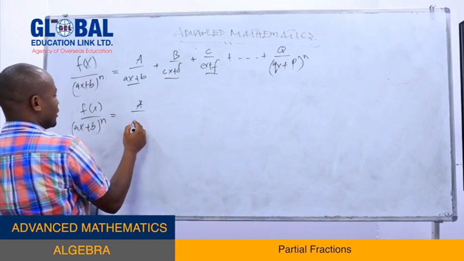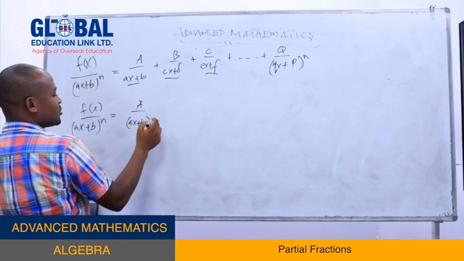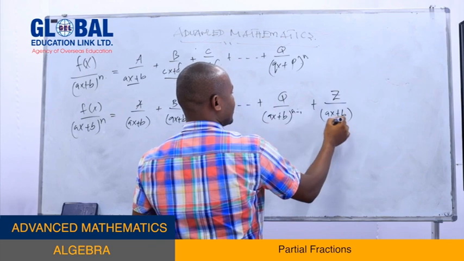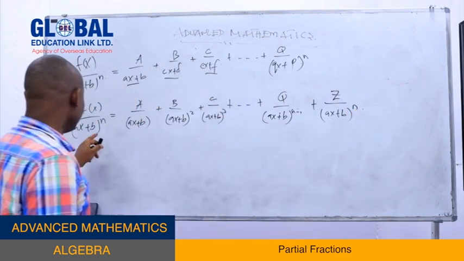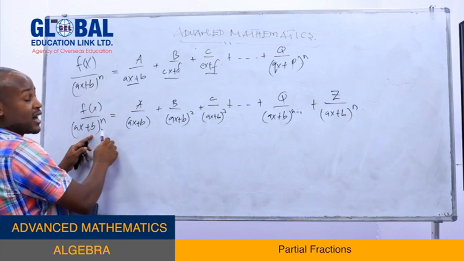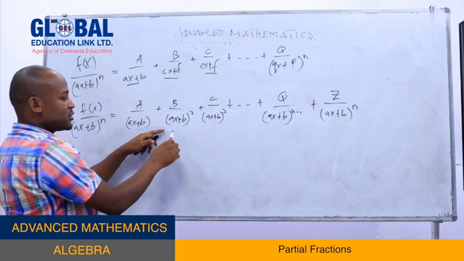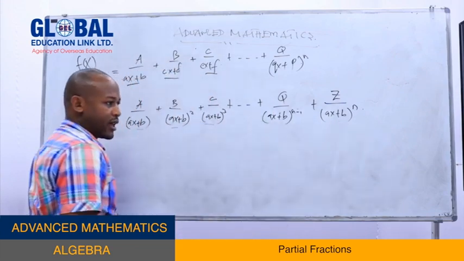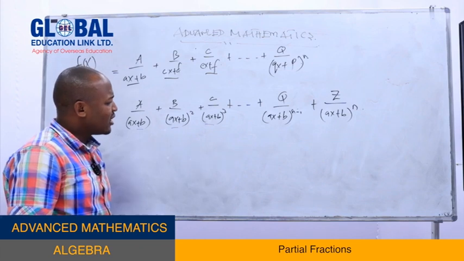Then we shall have A over (ax plus b), then B over (ax plus b) squared, then C over (ax plus b) cubed, up to (ax plus b) raised to n minus 1, and (ax plus b) raised to n. That means these factors repeat themselves up to n times. This will be the first one, the second one, the third one, then up to the nth one. And let's go and check the next rule.